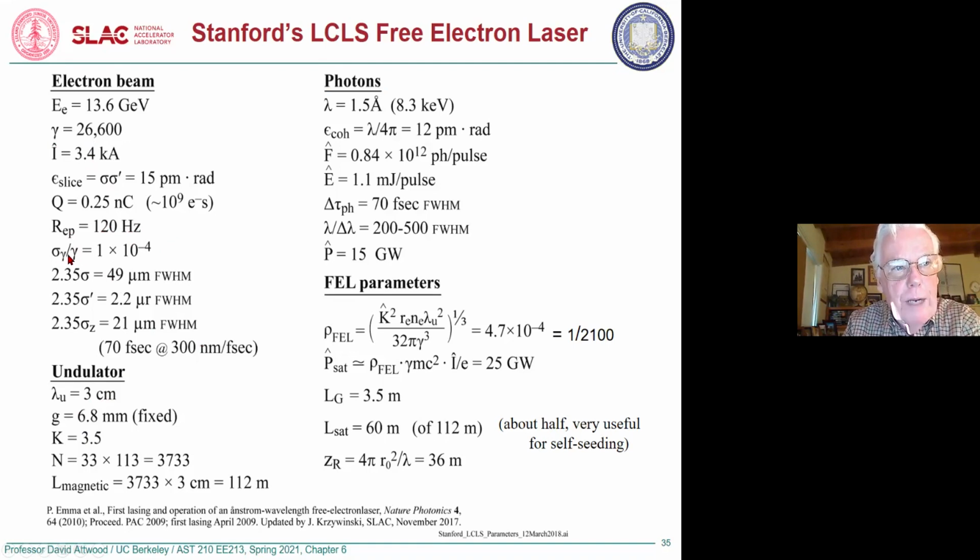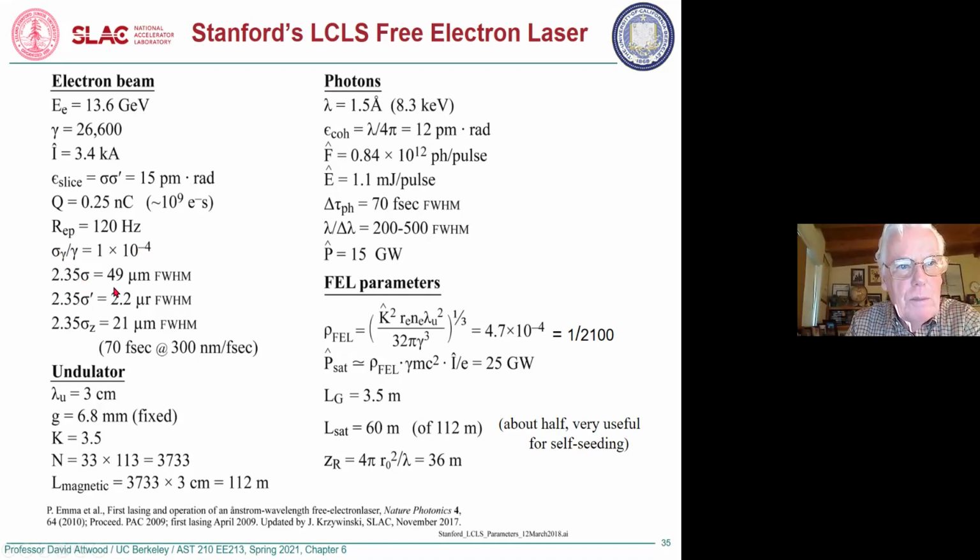The spread on the electron energies, the normalized RMS spread, is 10 to the minus 4. The beam size is sigma multiplied by 2.35. I guess I told you this before, but the factor that converts from RMS to full width half max is this multiplying of 2.35. And the reason I put it there is so that I know I meant full width at half max, not RMS, okay?